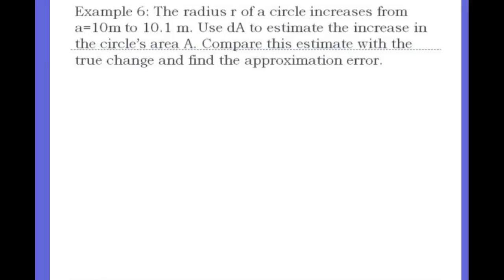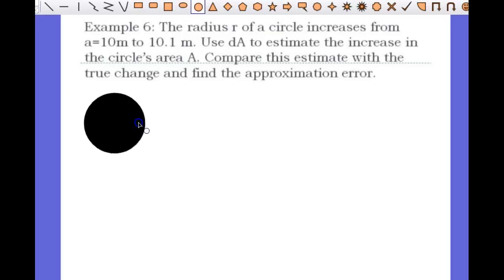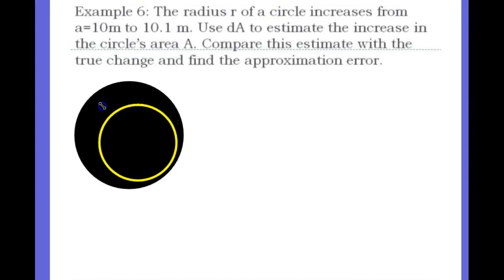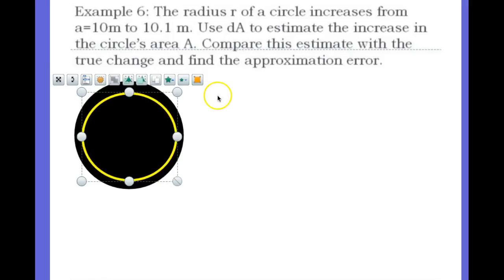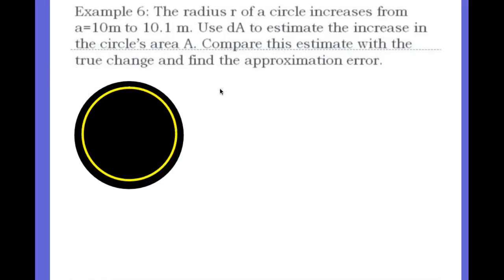So that means that your inside circle that I gave you, your interior radius is 10, your exterior radius is 10.1.